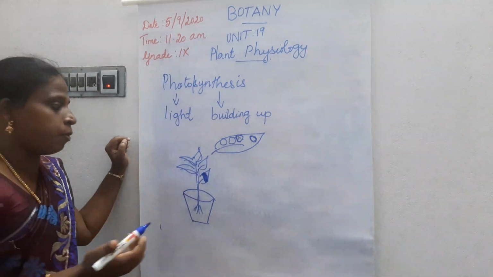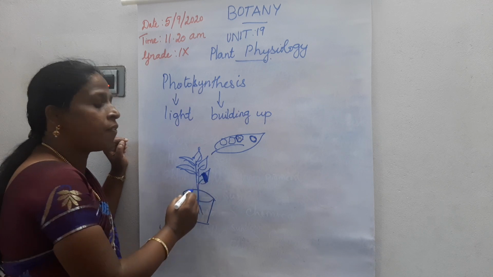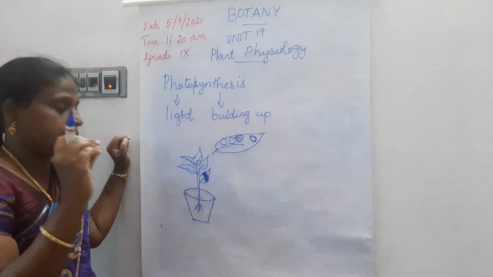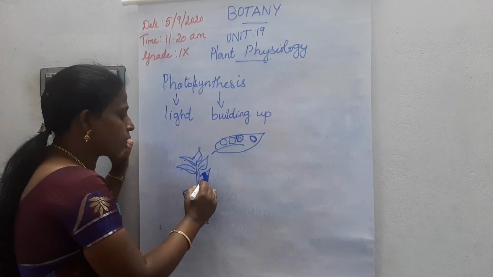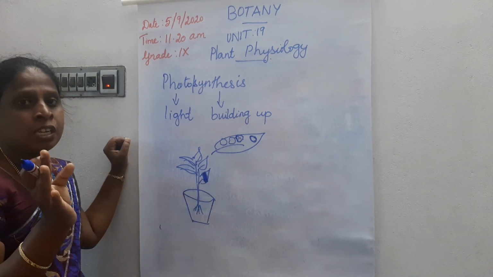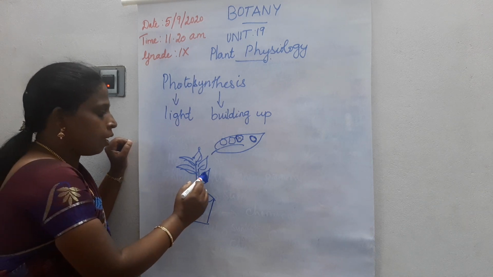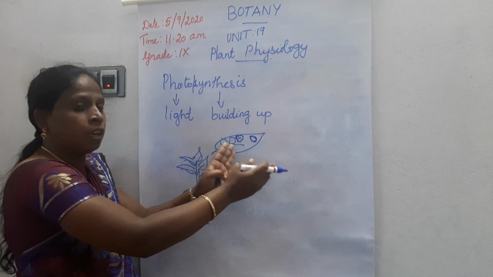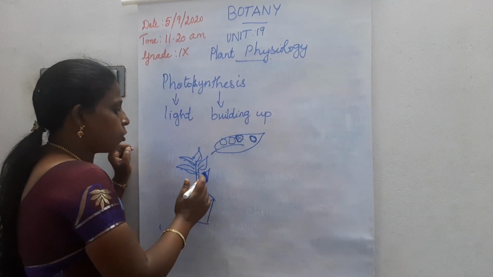After some time we can observe that the portion which was not covered by the black paper alone turns blue-black in color, and the portion which was covered by the black paper does not turn blue-black. Why? We keep the potted plant in direct sunlight for photosynthesis.